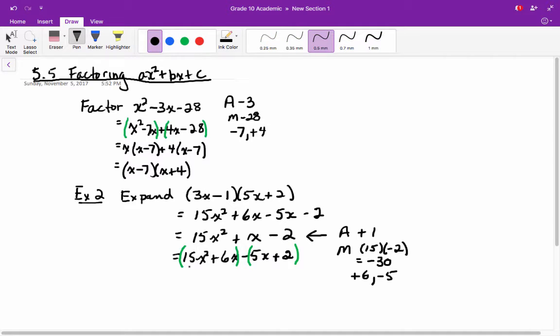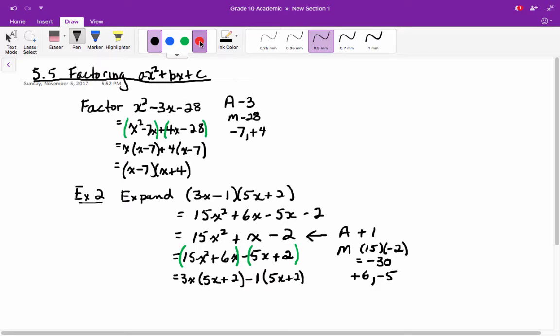So what's common to the first group? For 15 and 6, 3x is common. And that leaves you with 5x plus 2. Now, there's nothing other than 1 that's common for 5x plus 2, so let's bring a 1 out and put 5x plus 2.